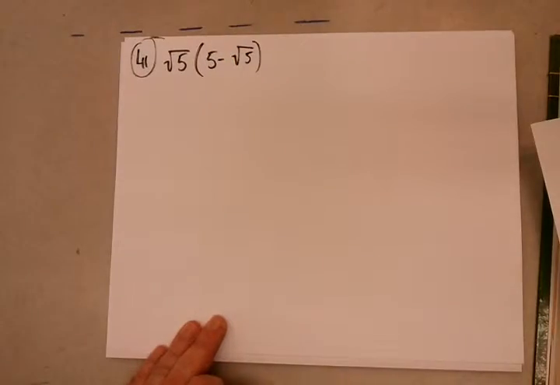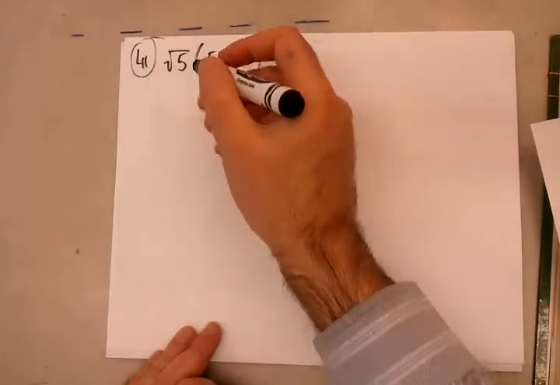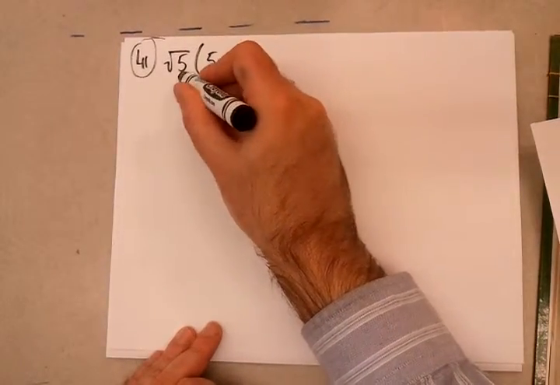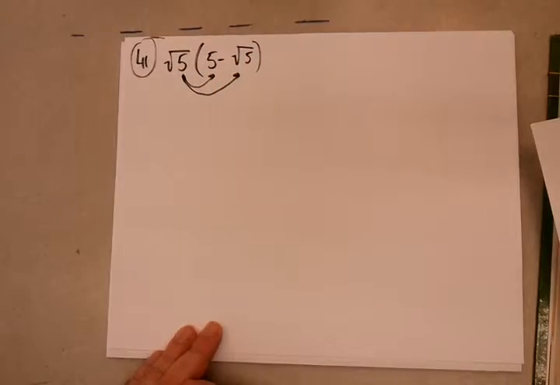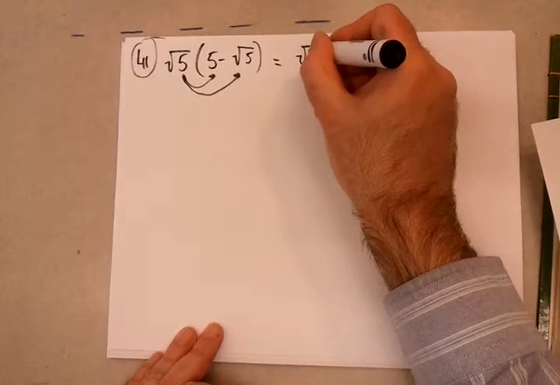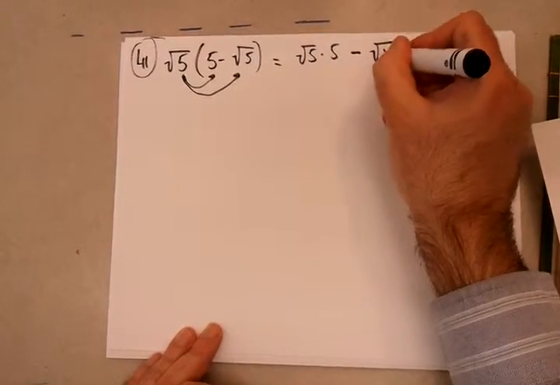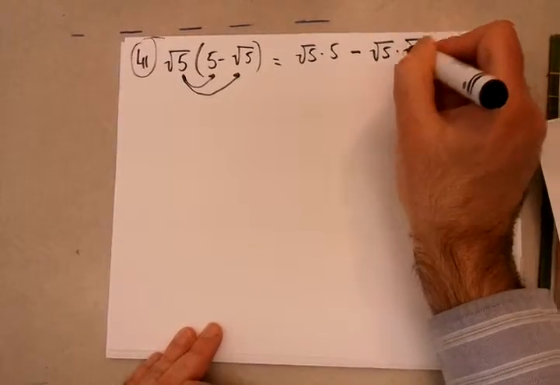So we didn't run into this scenario in class where you had to distribute a root, but again, you treat it just like a variable or anything else. So if you had something in front of the parenthesis, you would just distribute it evenly to all the members of the parenthesis. So that's going to yield root 5 times 5 minus root 5 times root 5.